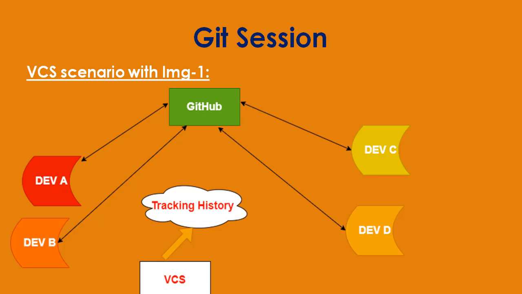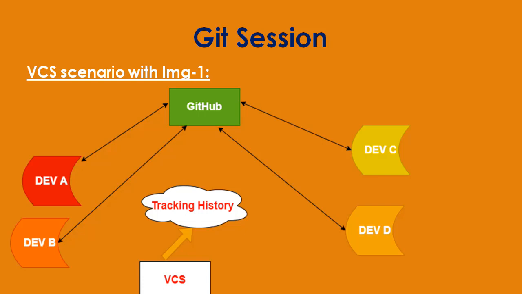After the file changes made by dev A, the version controlling system has one version ID, and then the same file is changed by developer B. So the version controlling system has another version ID.